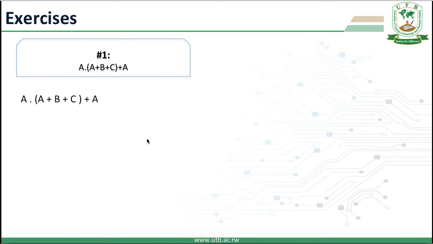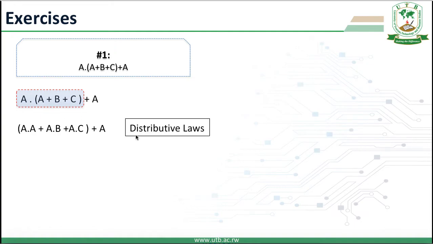So how to do it? I'm going to target this one first. You can see this is the same as I have written. I can multiply a with (a plus b plus c), taking this part up to here. I'm going to use the distributive law, which you have studied.